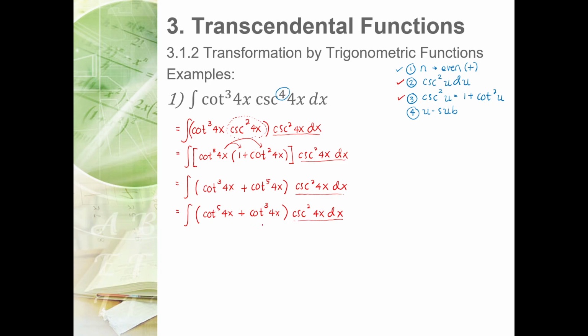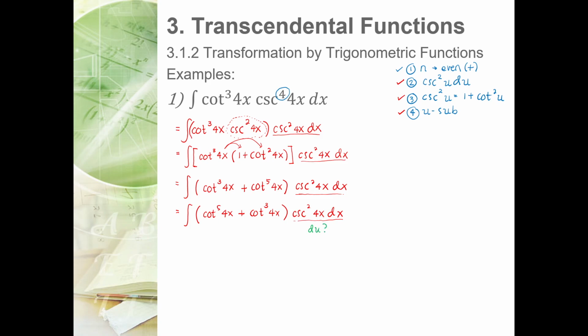Since it's already simplified and there's nothing else to do, we now go to the u sub technique. By using u sub, the factored out term is our candidate for du.